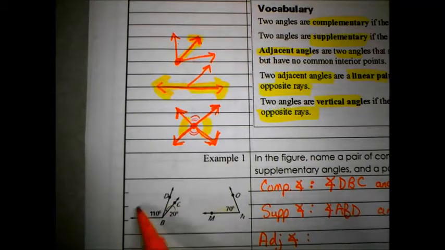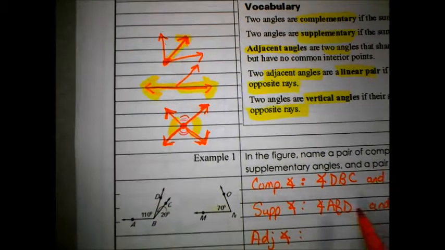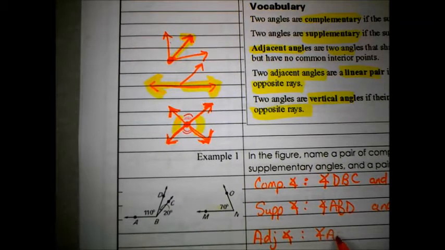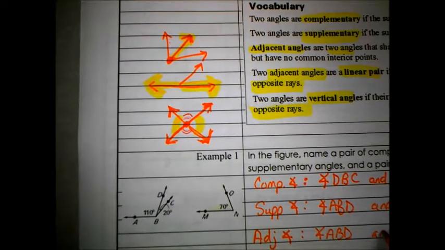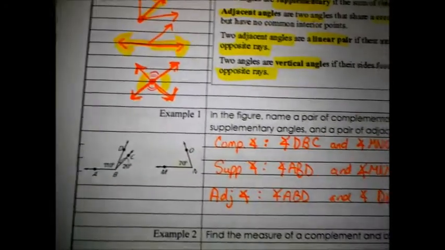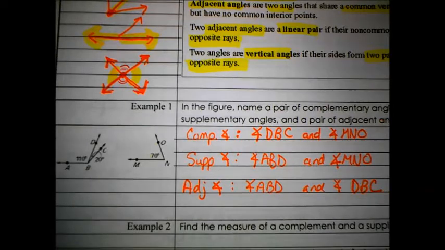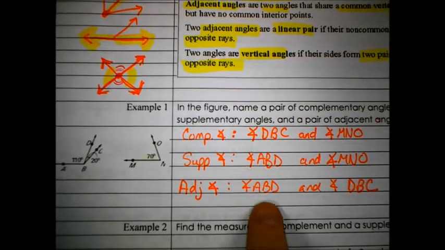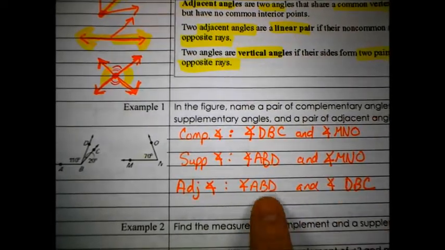So I'm going to have angle ABD and angle DBC. Realize they share the common vertex of B, and then they also share the ray BD in both of my angles.